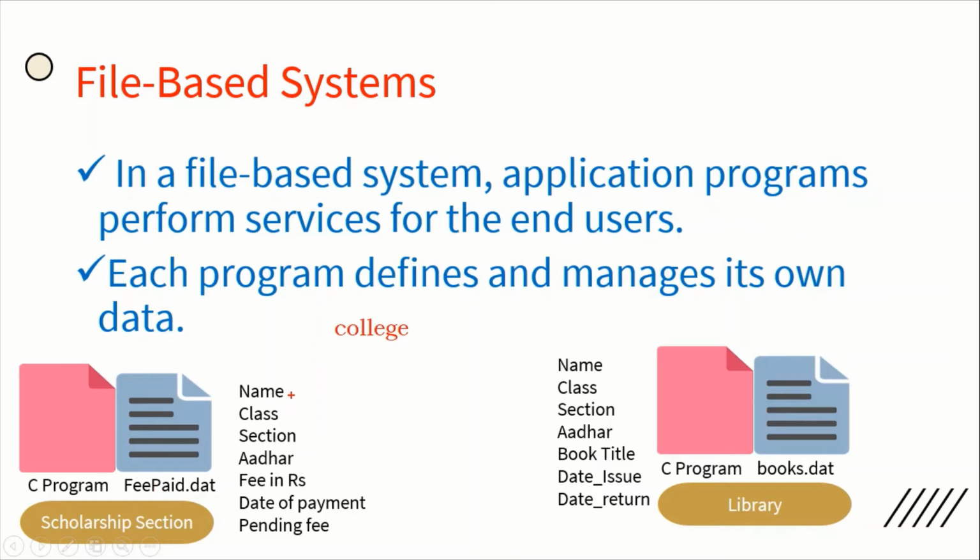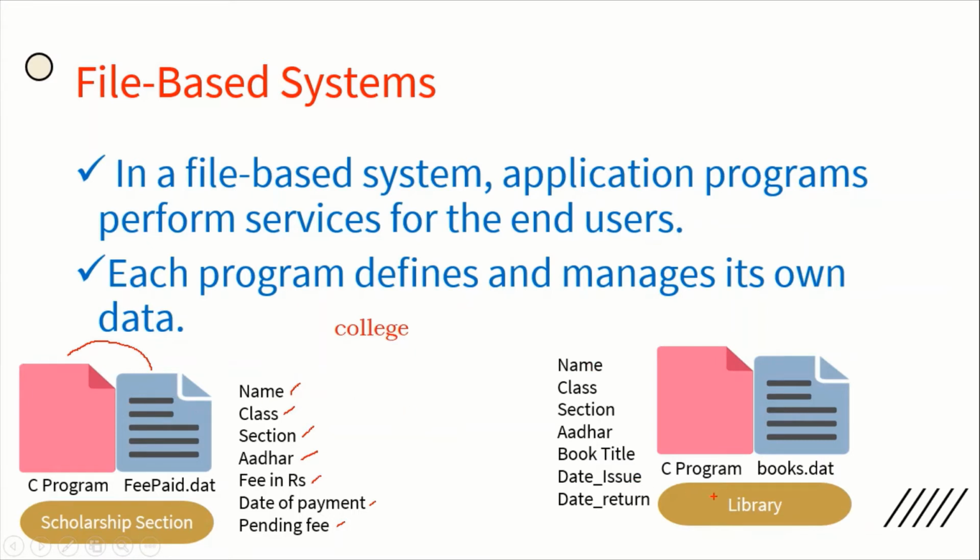They are storing name, class, section, Aadhaar number, how much you have to pay, the payment date, and how much fee is pending. All these things are necessary for the scholarship section. That's why they are storing all these details here. And there is a C program which deals with this data.